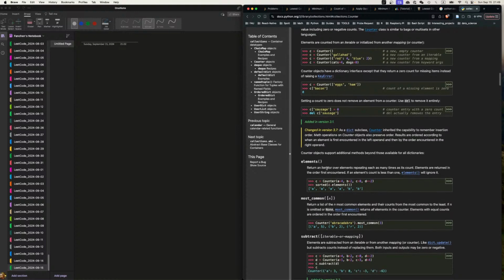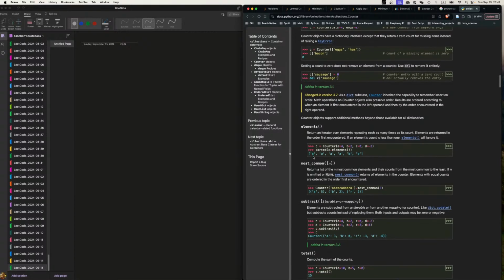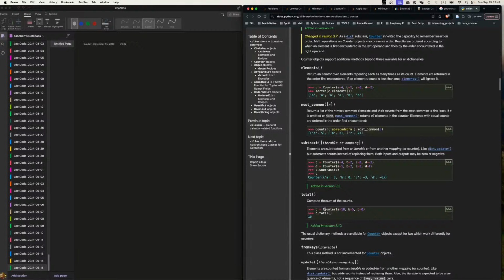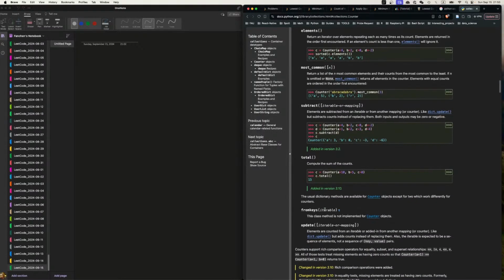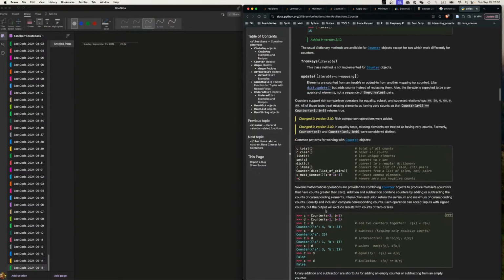It does say most_common gives the most common elements. Oh, can I just do subtract? I'm actually not sure if I can just do plus and minus on this. Oh, I can.